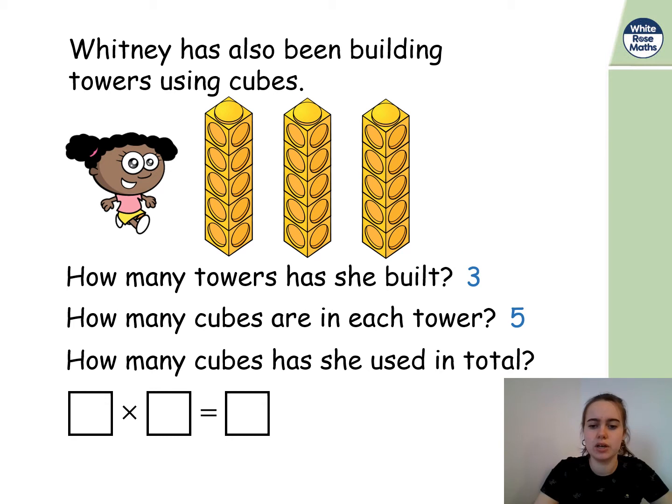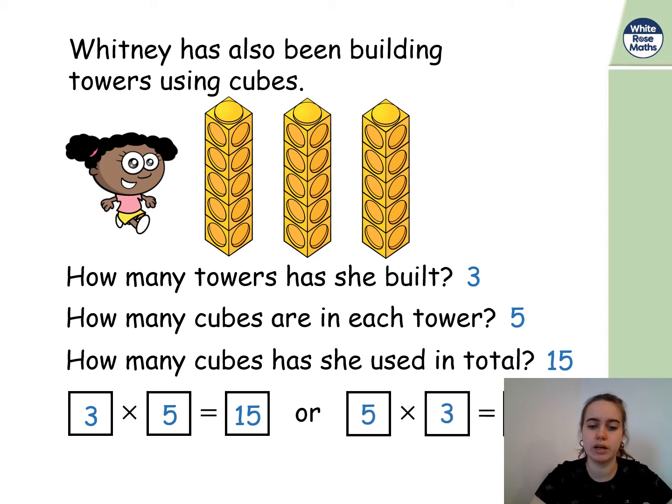And so how many cubes has she used in total? Remember, you can count up those towers in fives. There are 15: 5, 10, 15. And if we wanted to write that out as a multiplication sentence, that would be 3 multiplied by 5 equals 15. Or we could write 5 multiplied by 3 equals 15, because there's 3 groups of 5, or 5 in 3 groups.